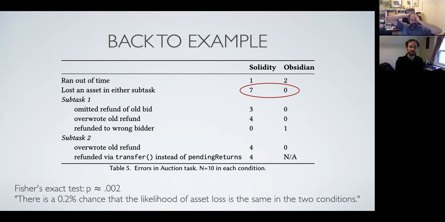We can do a statistical test between these 2 results. Fisher's exact test says P is about 0.002, which means there's about a 0.2% chance the likelihood of asset loss is the same in the 2 conditions. Think of this like coin flips. So you and I each have a coin, and we're flipping coins.